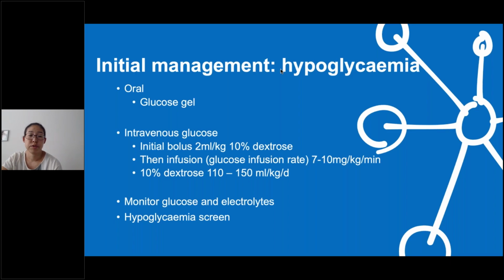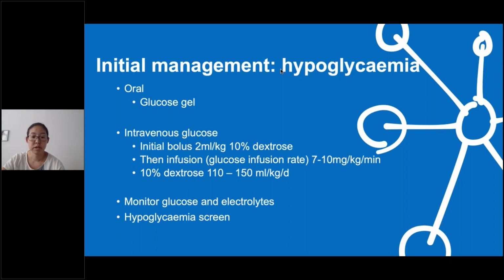You should follow your bolus of the IV glucose or oral gel with another form of glucose infusion. If you're giving IVs, it's usually 10% dextrose with additives, and it's usually to their body maintenance. If you calculate the glucose infusion rate, it'll be between 6 to 10 milligrams per kilo per minute, and that's sufficient to keep blood sugars stable.